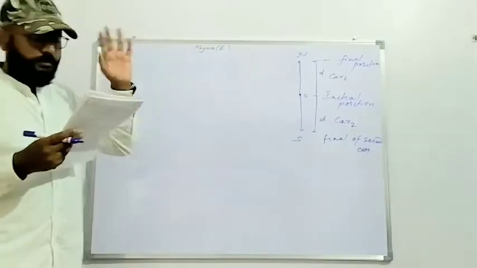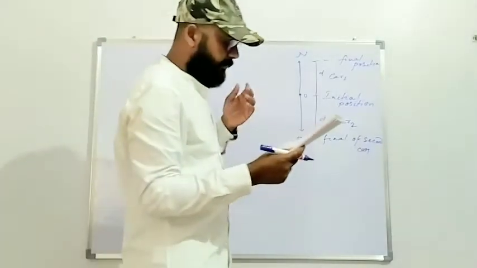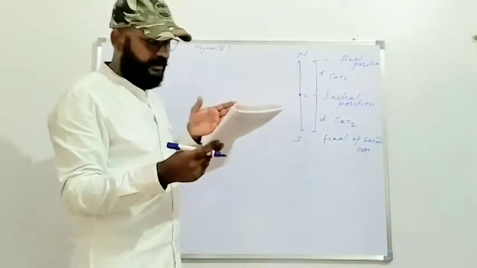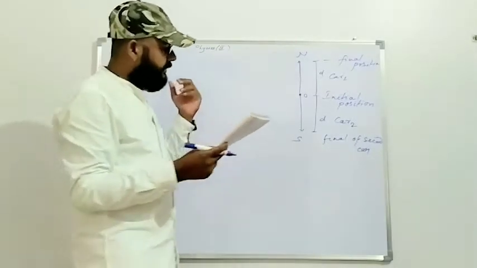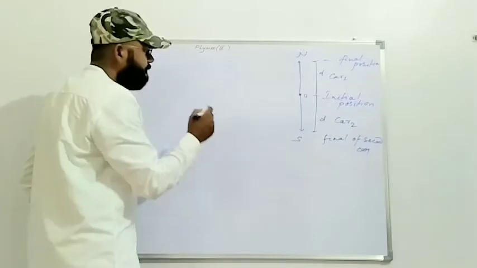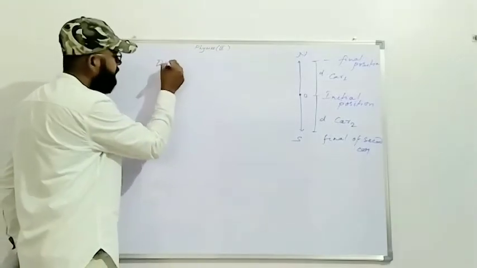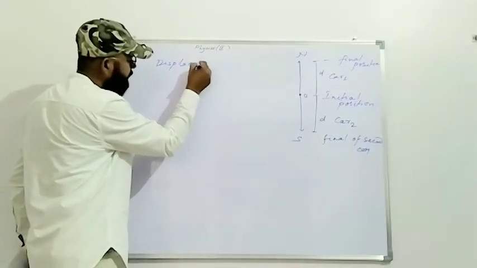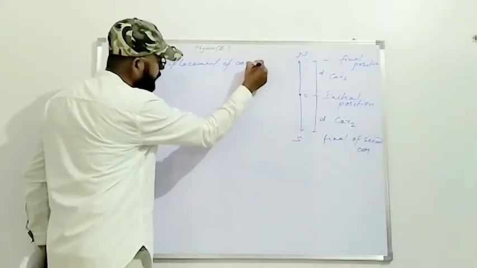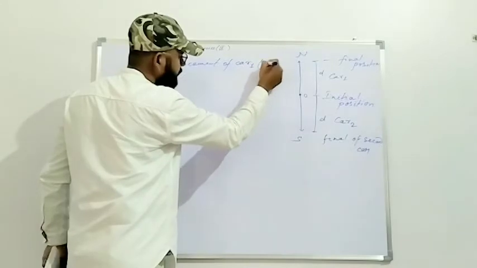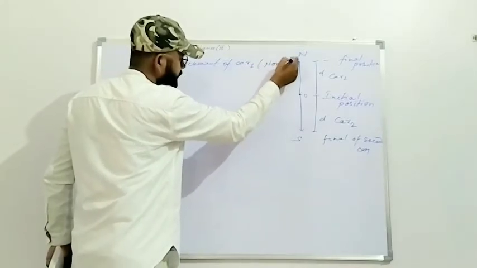So what is being asked, what will be their displacement in 1 hour? So the displacement of car 1, very easy question. Where is it going? In north direction, that is d.